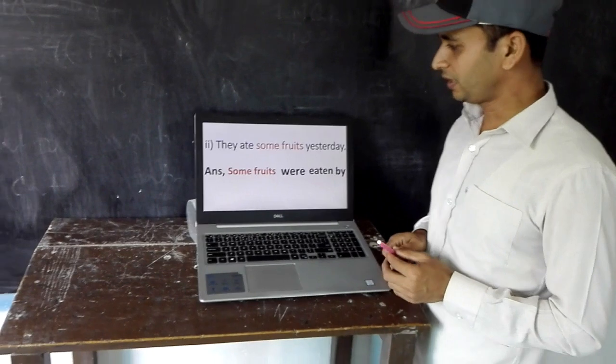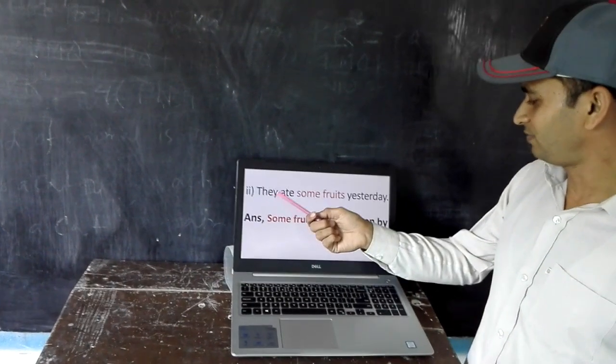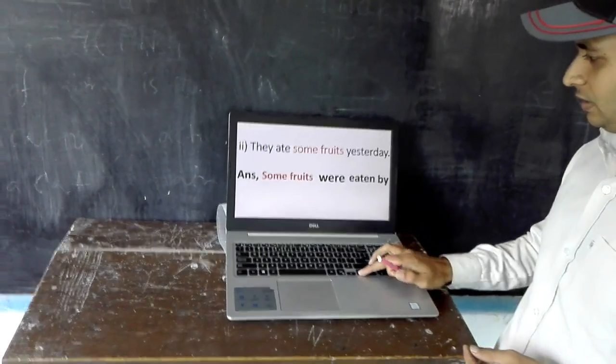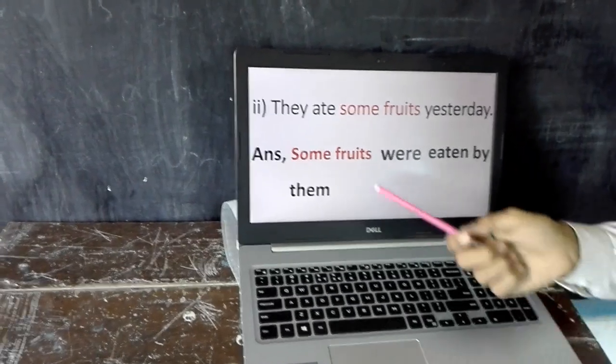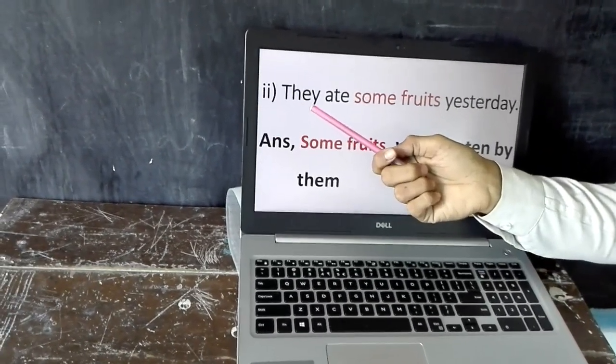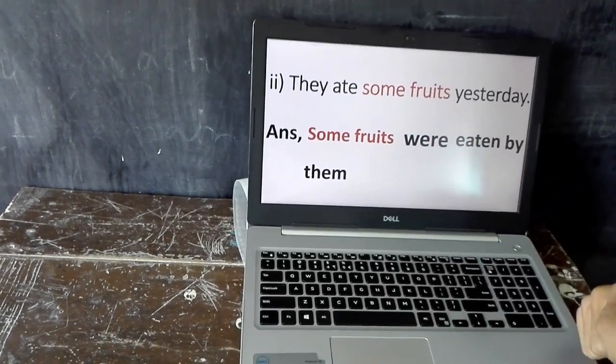Now after the preposition by, we write the subject of active voice as the object. Students, remember when the subject is a noun, it moves to the object directly without changing its form.